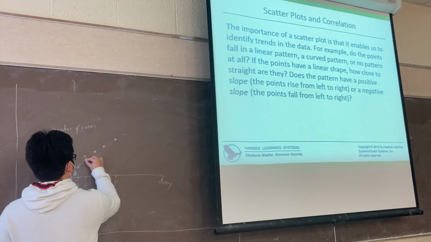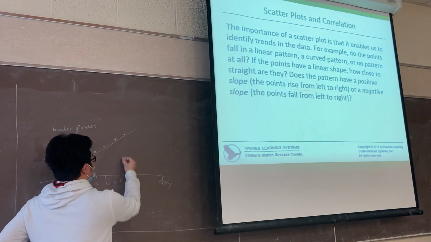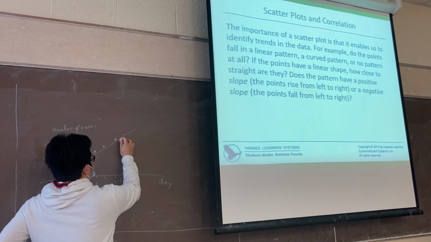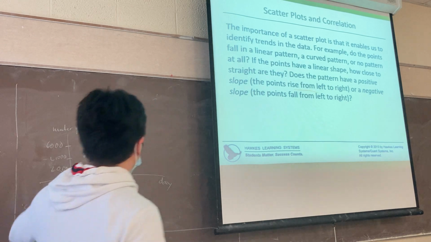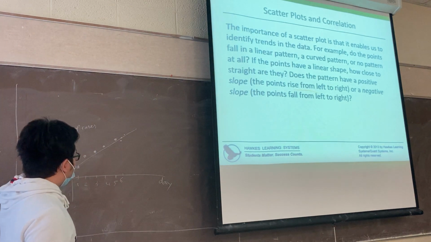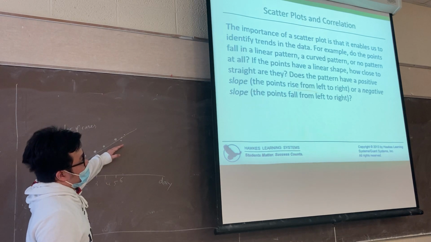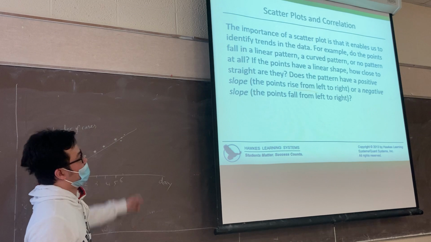Maybe it's like the line here. So we can guess day 6 should be around a value like this or like this. If we know the change of the data, we can draw the graph for this. And when we have the graph, we can guess the number of cases in the future, something like that.